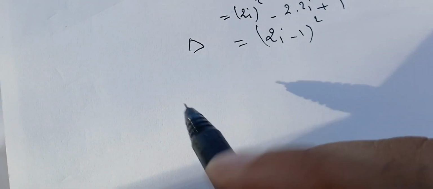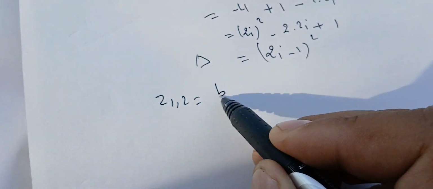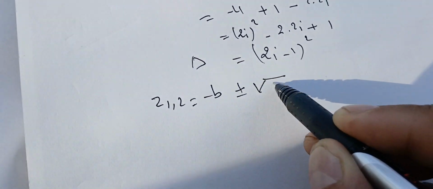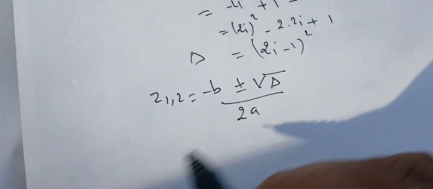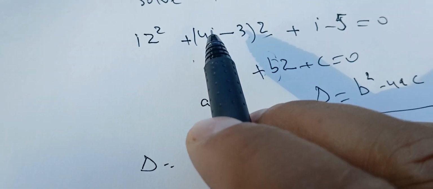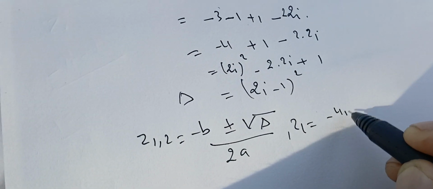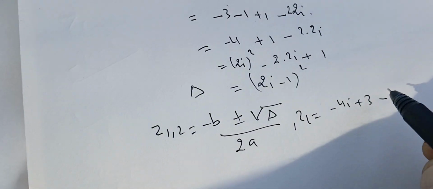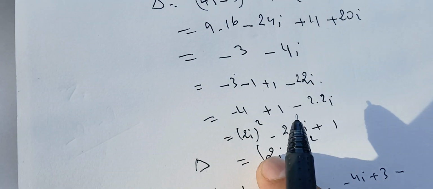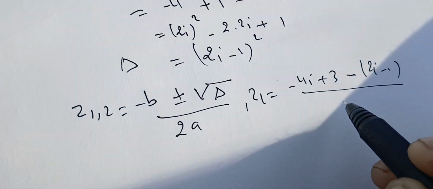So now we solve for z. z1 and z2 are given in function of b and the discriminant in the following manner: minus b plus or minus the square root of delta, over 2a. So in this case, z1 is going to be minus b, which is minus 4i plus 3, minus the square root of delta, which is 2i minus 1, over 2i.